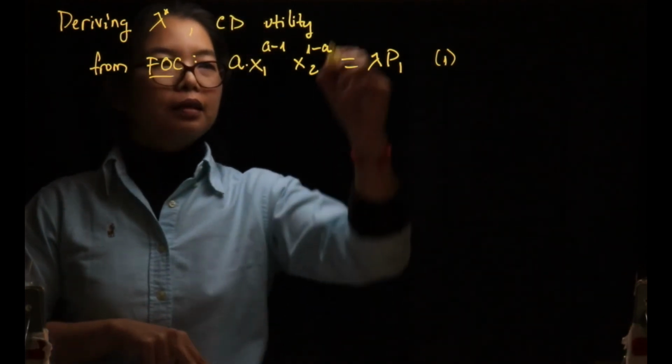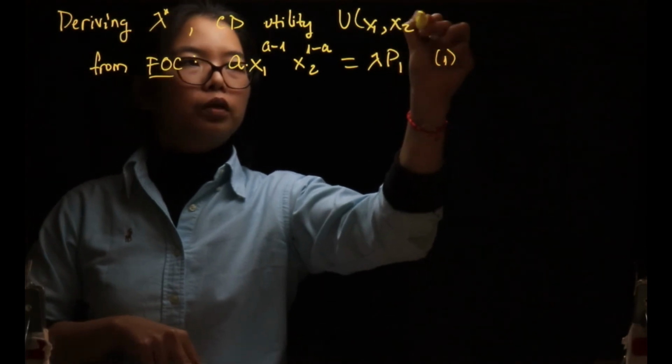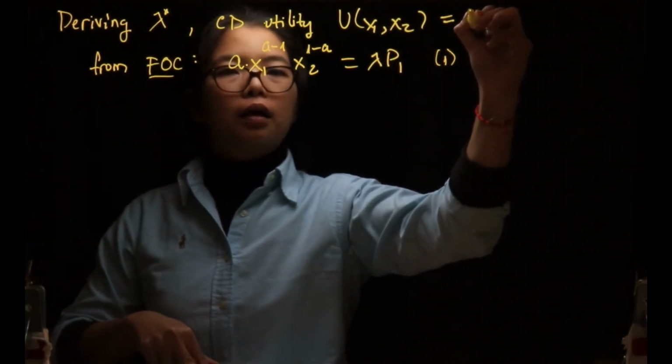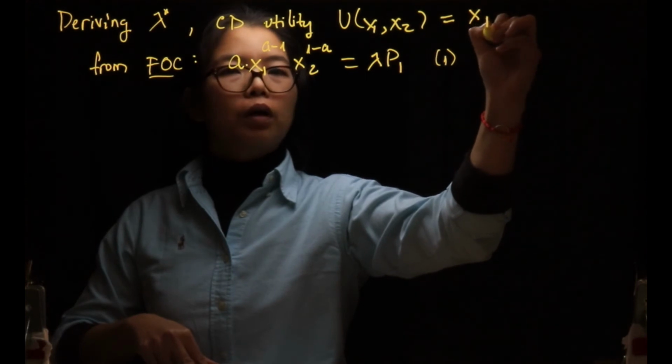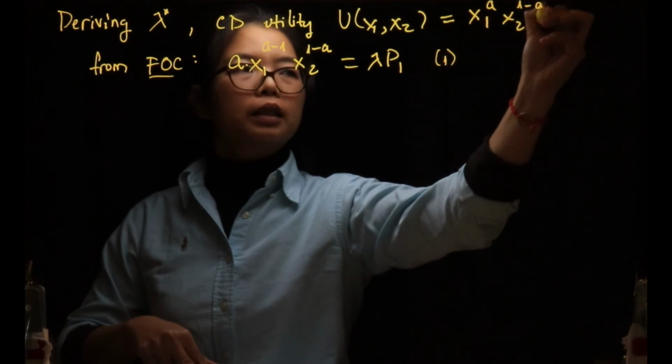Now let's write this again. U of x1, x2 equals x1 to the power of a and x2 to the power of 1 minus a.